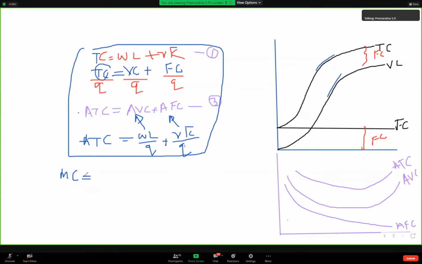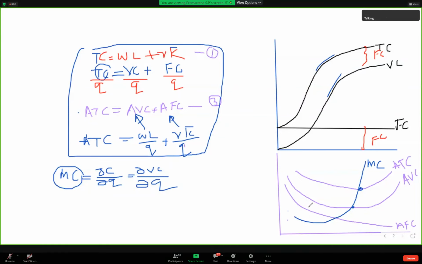So what we have to do is differentiate the total cost with respect to Q, or the variable cost, differentiate with respect to Q. In that way, we get the marginal cost curve. The marginal cost curve is also U-shaped. To understand the relationship, the marginal cost curve always goes through the minimum point of the average cost curve, cutting it like that, crossing.